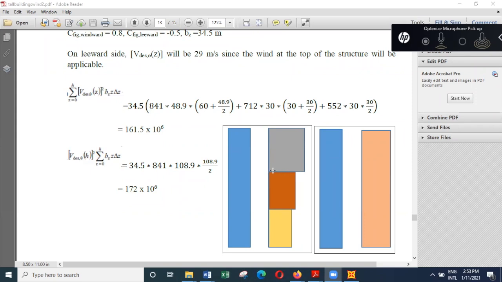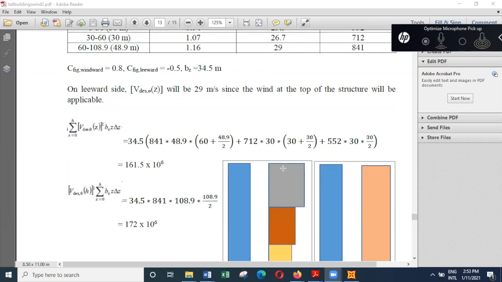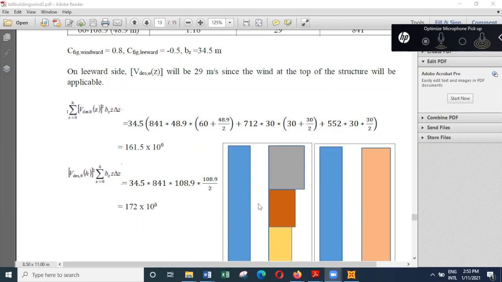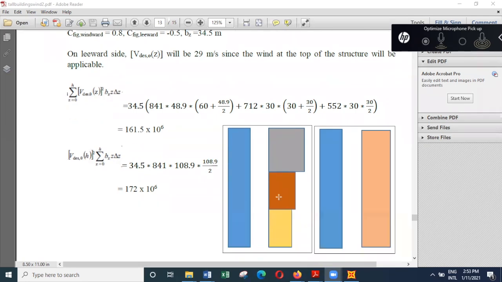Then we come to this component. Here the wind speed squared is 712 and the height of the section is 30 meters, and the distance to the centroid is 30 plus 30 divided by 2. And similarly, I can write the equation for this part as well.